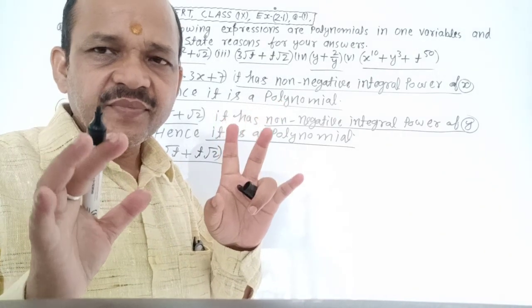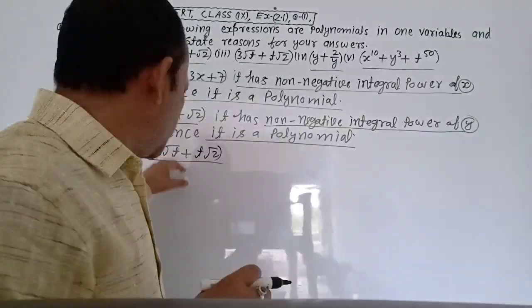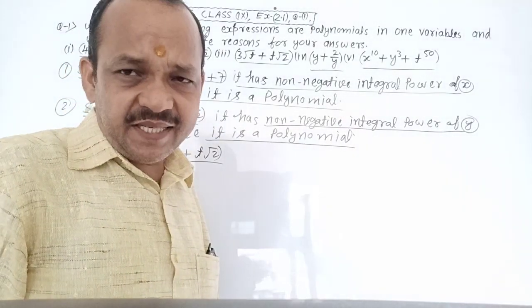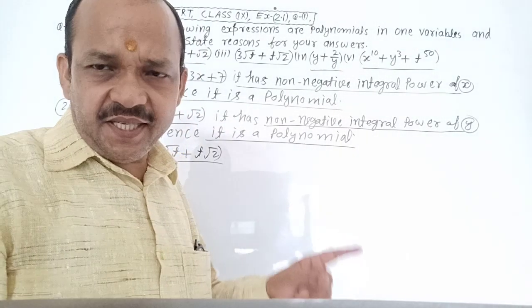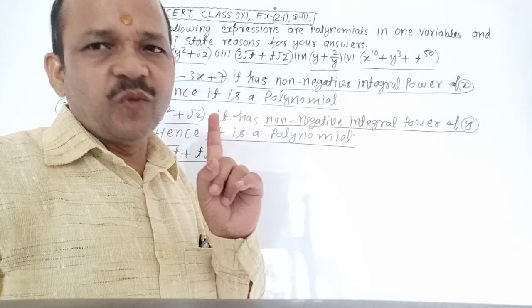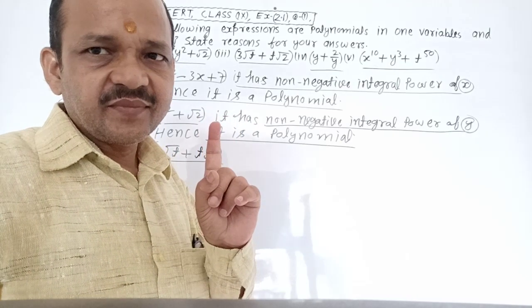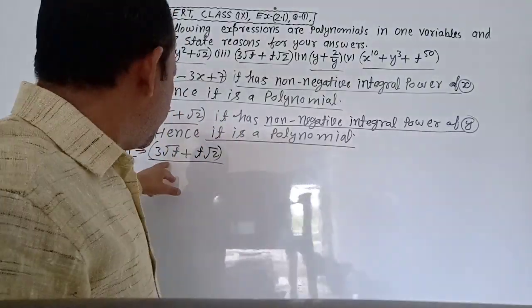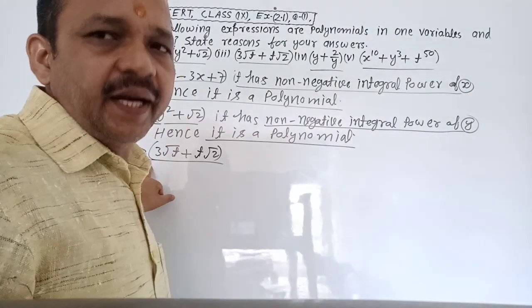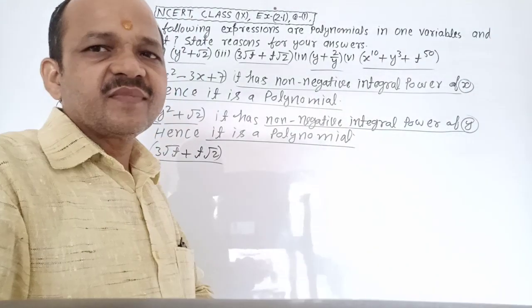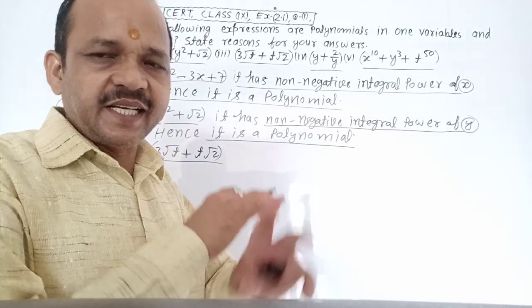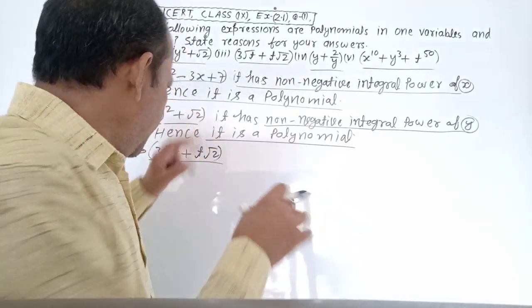Clear? Here alphabet is only t. It means variable is only t, one variable. Clear? Number in front of root t is 3, hence coefficient is 3. It is clear?